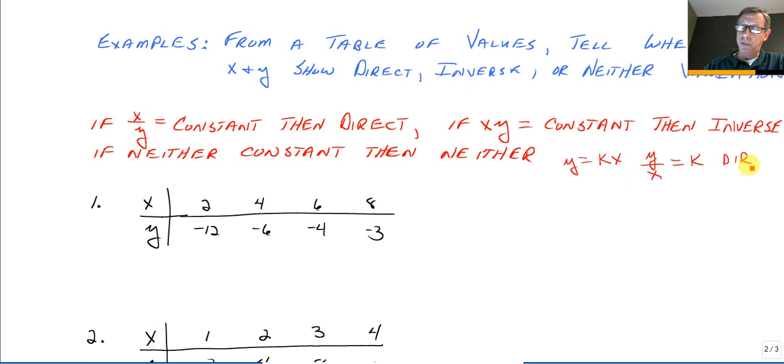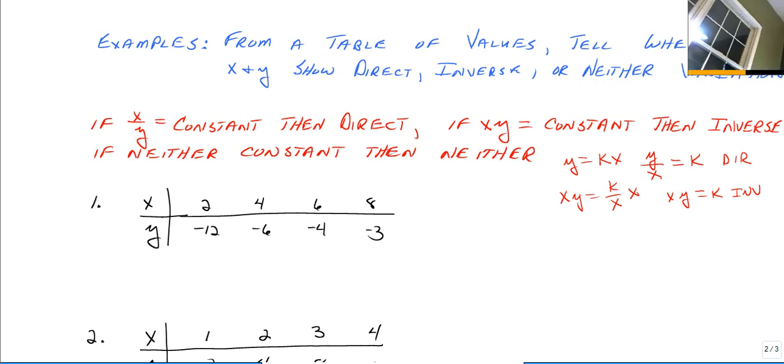That's going to be direct variation. We also remember that y is equal to k over x. That was inverse variation. So to get the values equal to the constant, I could take both sides times x, and I would get y times x equals k. So y times x equals a constant term. That would be inverse.